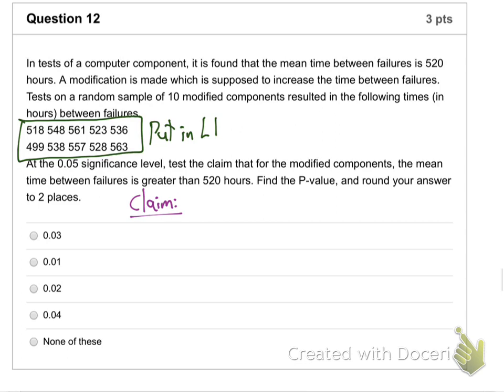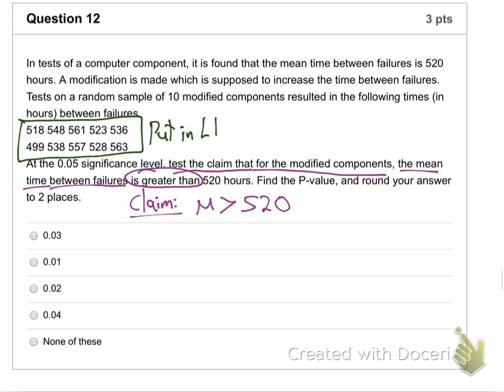So what is the claim on this one? Test the claim that for the modified components, the mean time between failures is greater than 520. Mean greater than 520.